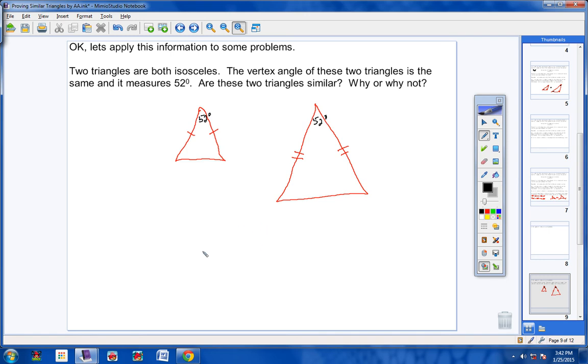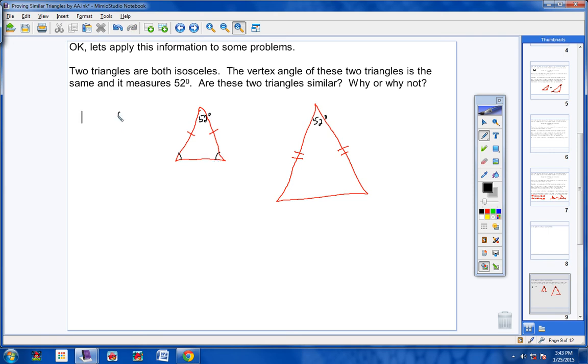Well, guys, let's think about this for a second. We learned a theorem a long time ago that if two sides of a triangle are congruent, then their opposite angles are congruent, okay? So because these two sides here are congruent, I know this angle here is congruent to this angle here.